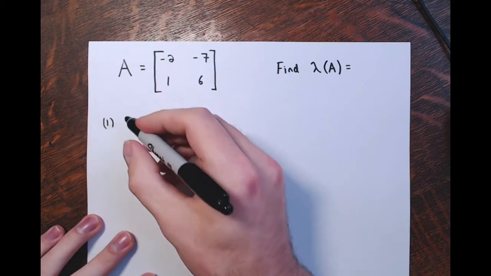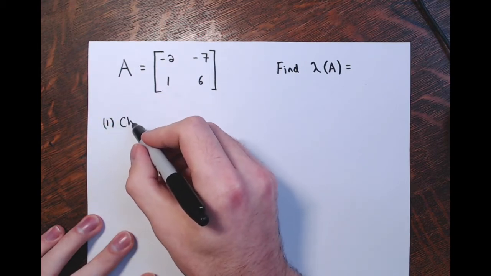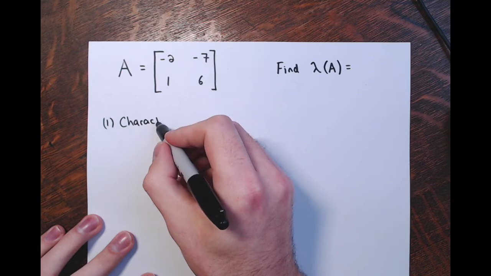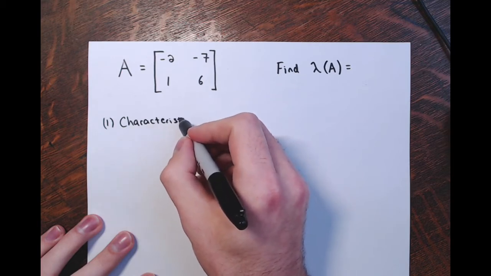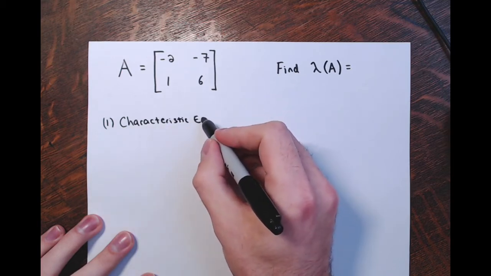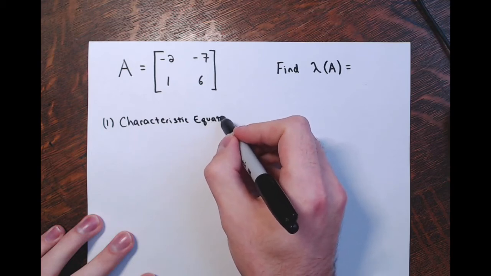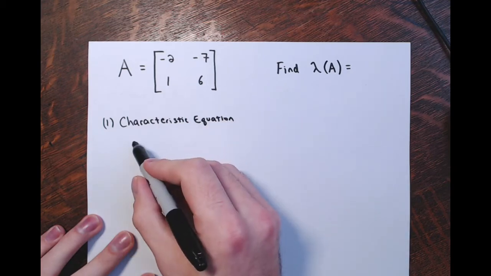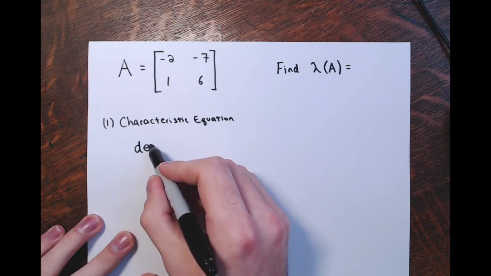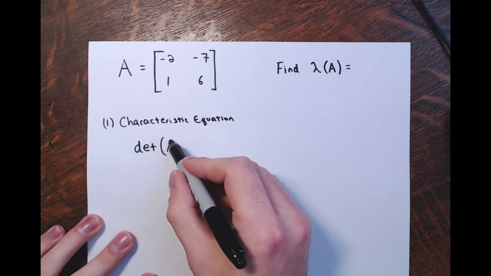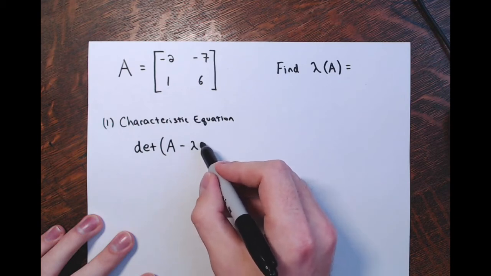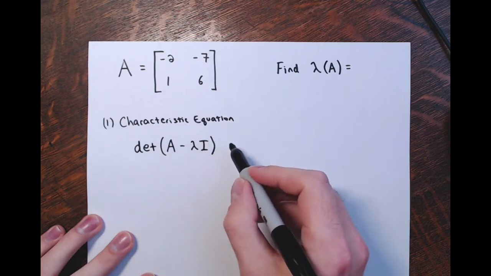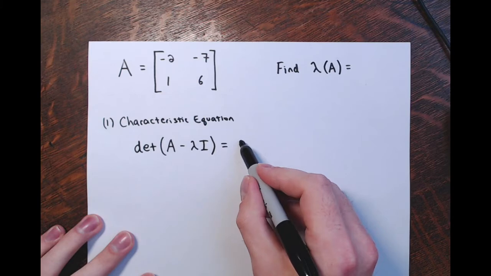So what you're going to do is set up this characteristic equation. And that's solving this equation here. When is the determinant of A minus lambda times the identity matrix equal to 0?